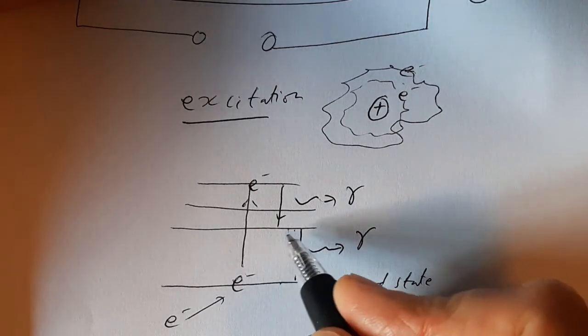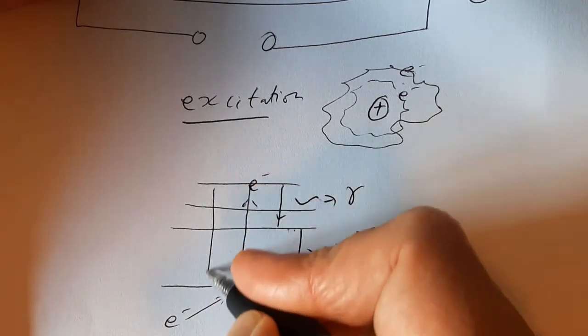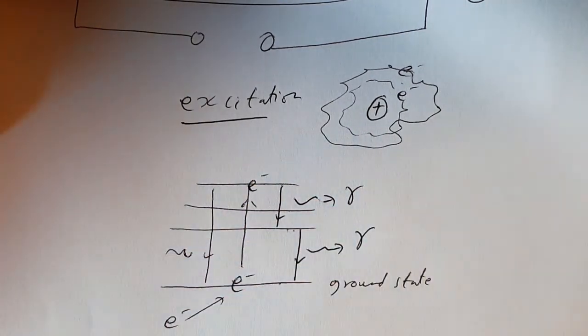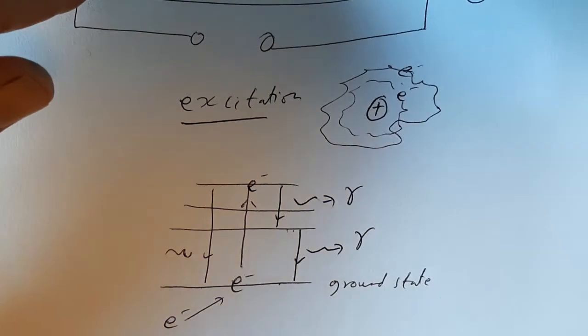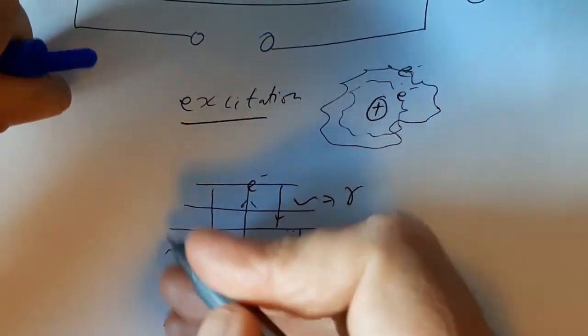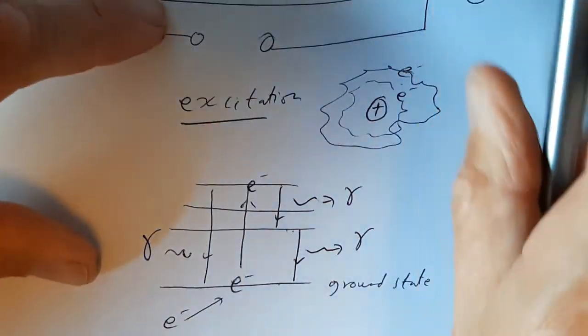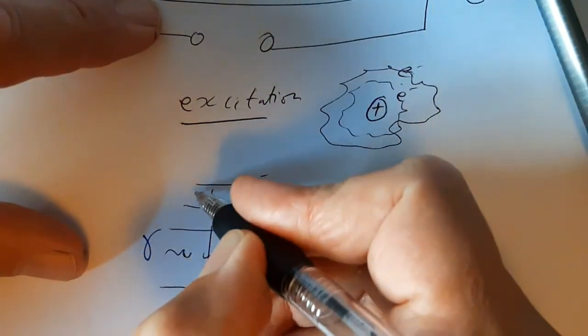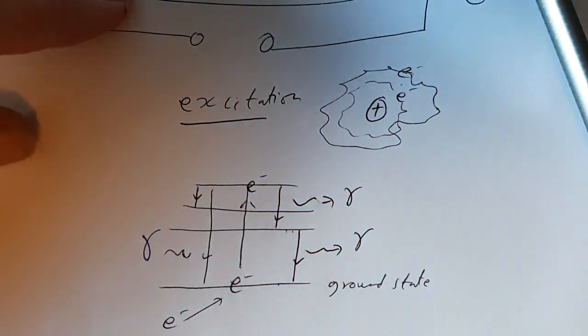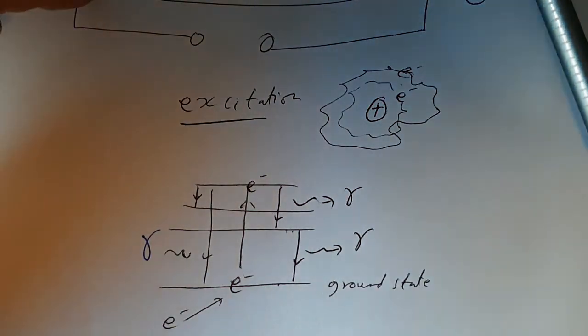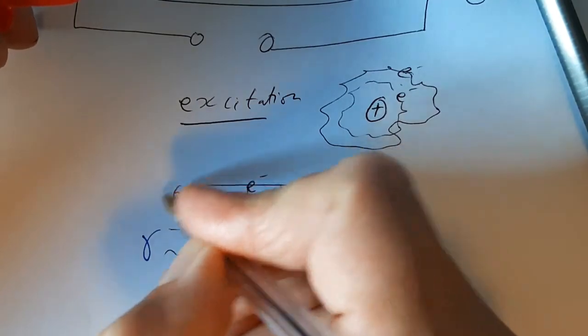So if we jump a long way like this, that might give rise to a blue photon, because a blue photon has a lot of energy.